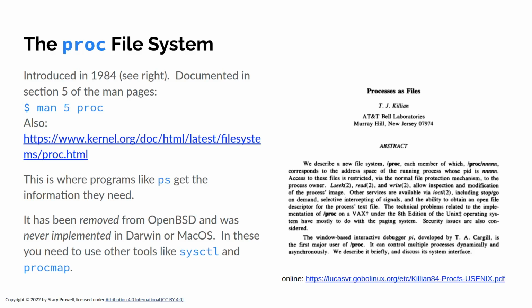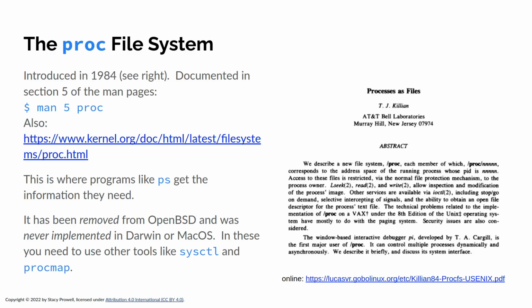Now, the problem with the proc file system, and there is a problem with it, is that the information exposed by the proc file system can be out of sync with the actual state of the system. There you can have race conditions and other things that occur, and it can become more complicated under some of these more modern OSs.